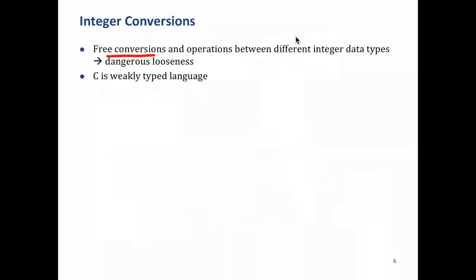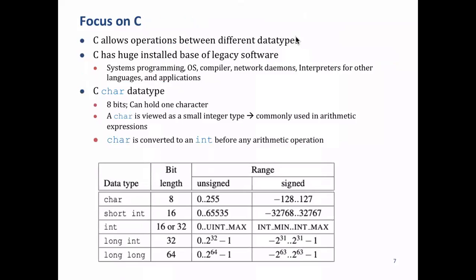Now, free conversion and operations between different integer data types is actually a dangerous thing, because C is a weakly typed language. In your compiler course, or maybe theory of programming languages, you would come across the terms loosely typed language and strongly typed or strictly typed language. So C is a loosely typed language. Interestingly, C allows operations between different data types.